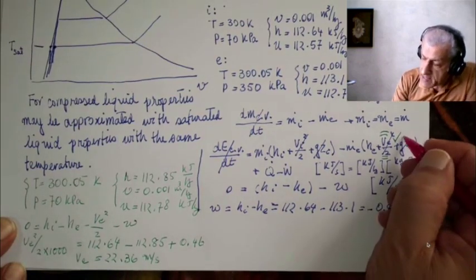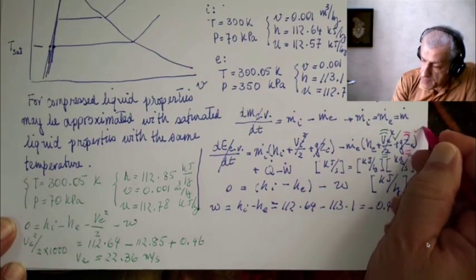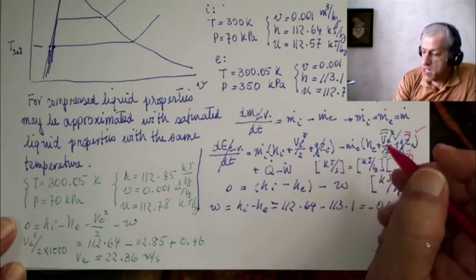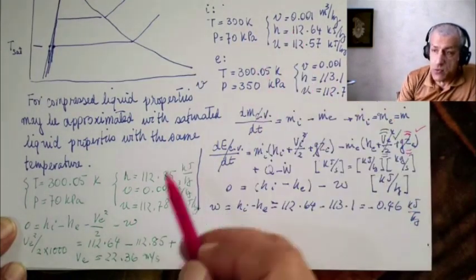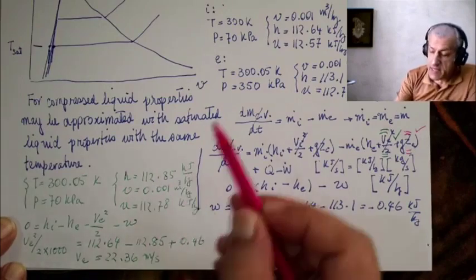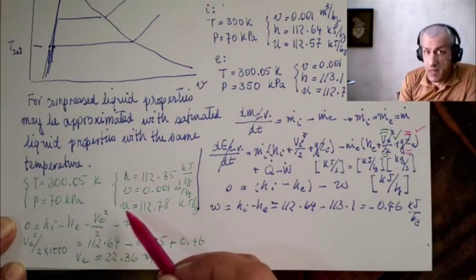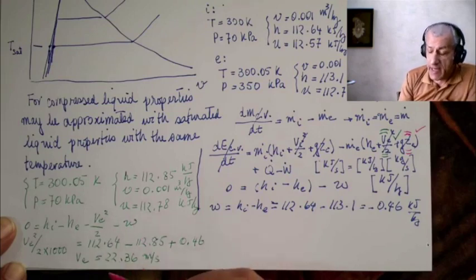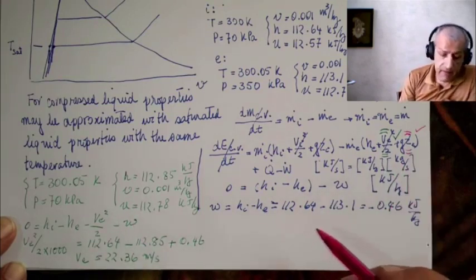If we did that, then this term would remain, and this one and this one would vanish, and these two would be the same as these two, because we are assuming that the inlet and exit are the same as the second case, but instead of adding to the velocity, we have to add to elevation.